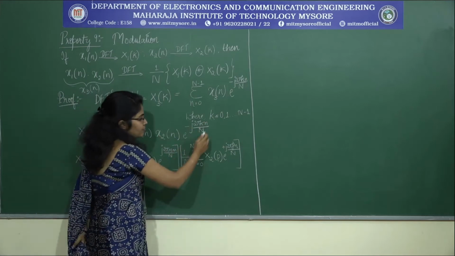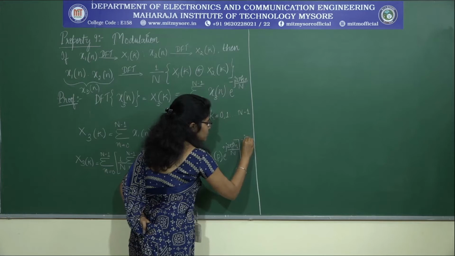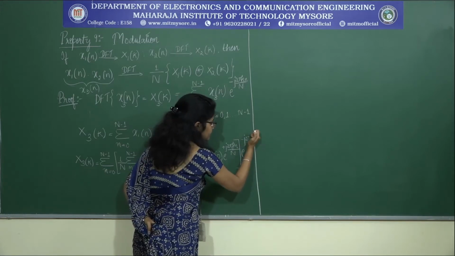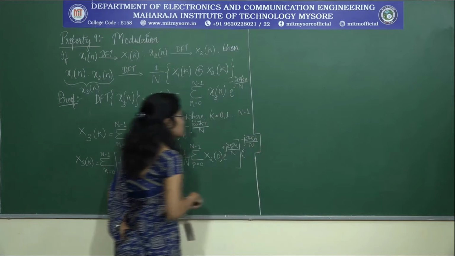Now the remaining term is written as it is, that is e power minus j 2 pi k n by N. So this is done.